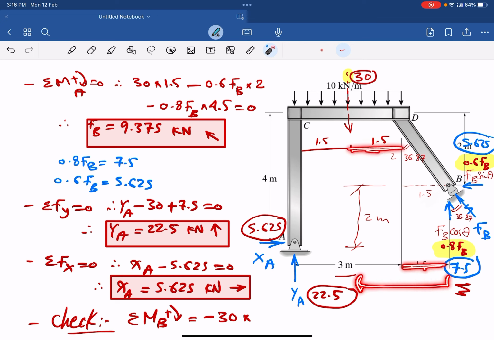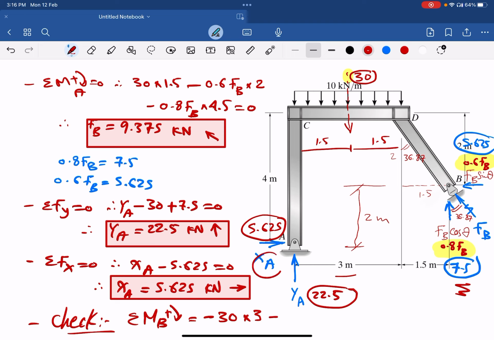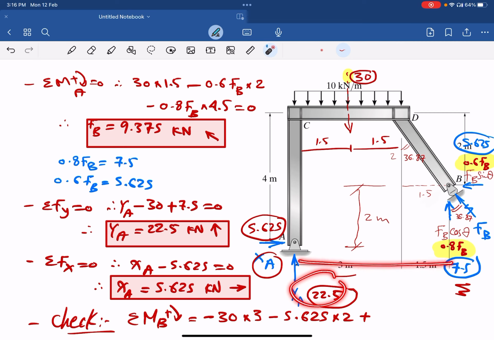Then minus XA times 2 meters, XA is 5.625, then plus YA times this distance, which is 4.5, so YA 22.5 times 4.5.